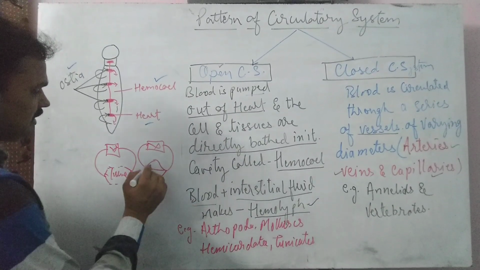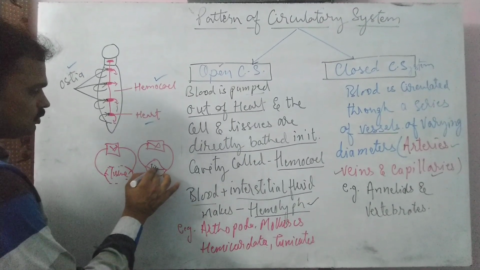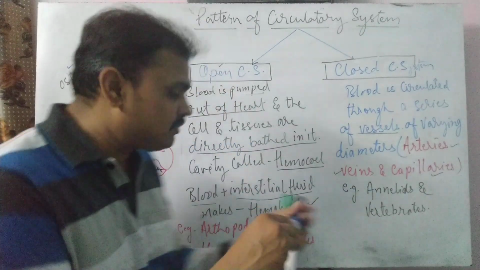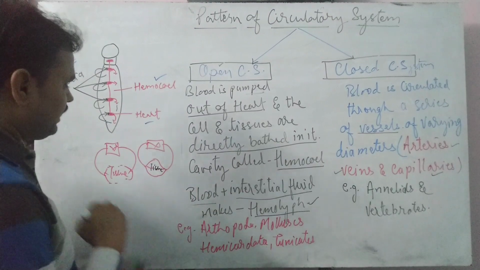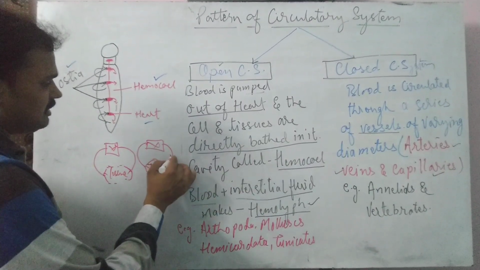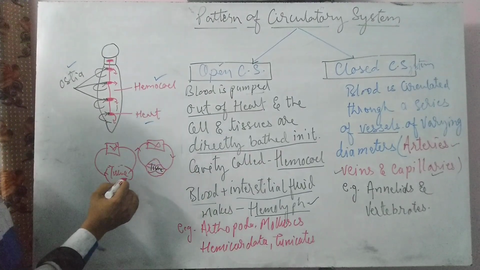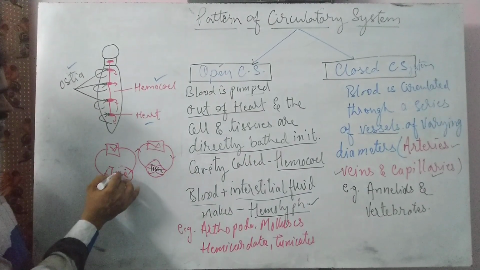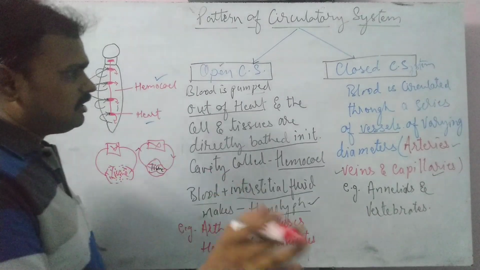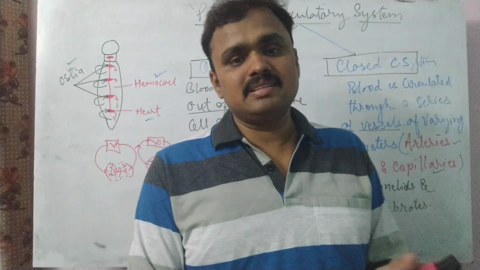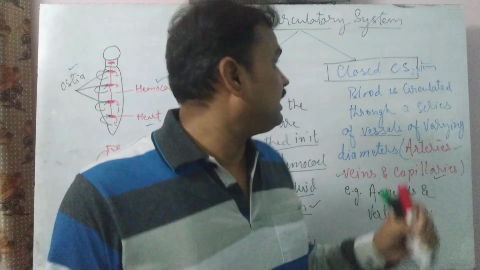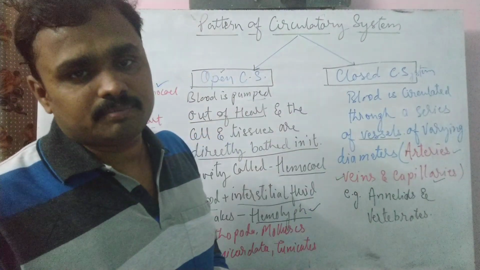You will see a network that is combining here. So these are the capillaries which just throw the blood, and this is coming and this is collecting. Here, totally, blood is spilled on the tissue. No connection is there. So that is why this is also the major basis of classification of the animals, that is the pattern of circulatory system.